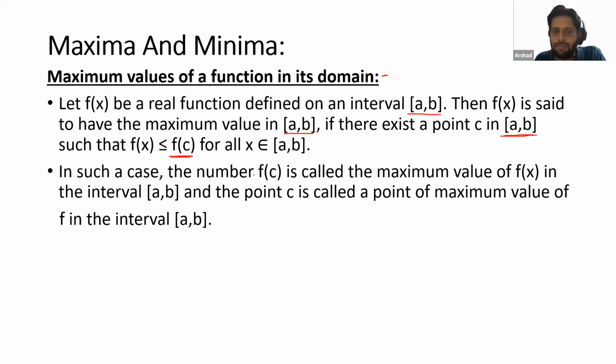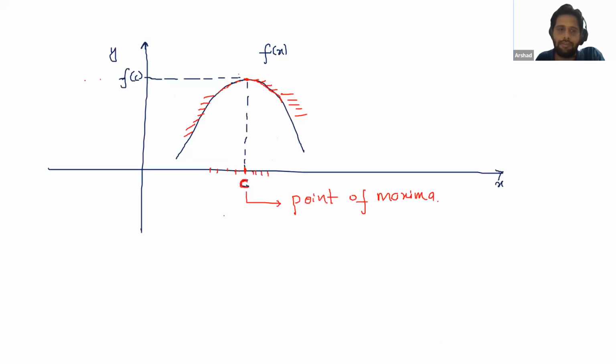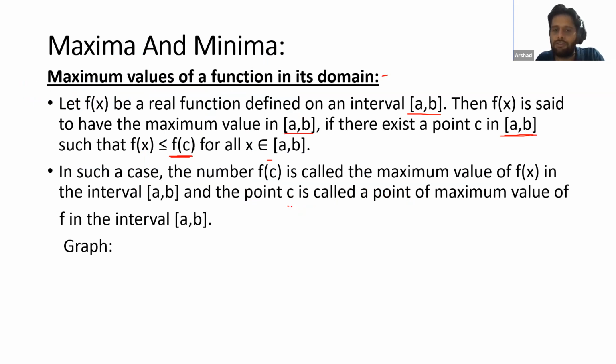In such a case, this number f(C) is called the maximum value of f(x), and this point C is called the point of maximum value of f in this interval. Please note down this definition and remember the graph. From the graph, you can easily understand this topic.